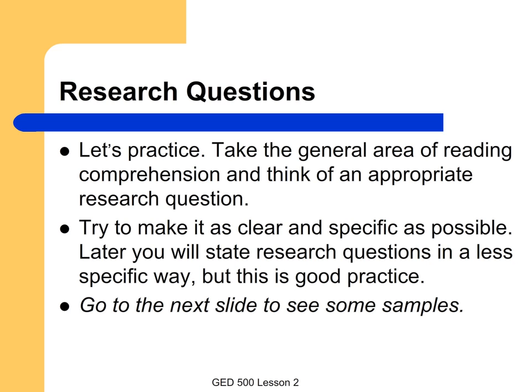So think about one for just a minute. Take your time and think about an appropriate reading comprehension research question. The idea that you want to keep in mind is you want to try to make it as clear and as specific as possible. And this is just a good way to practice. So taking a topic and really breaking it down into specific research questions.